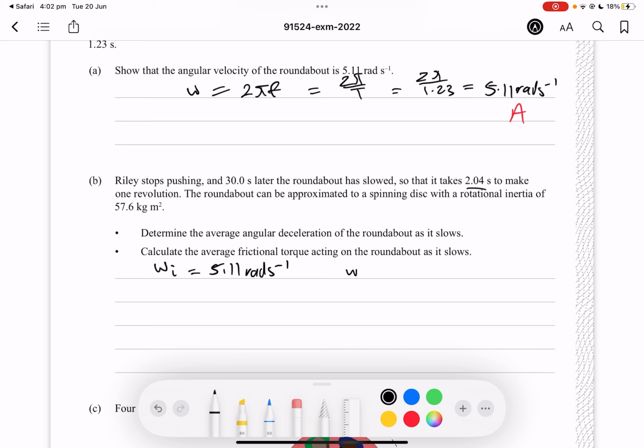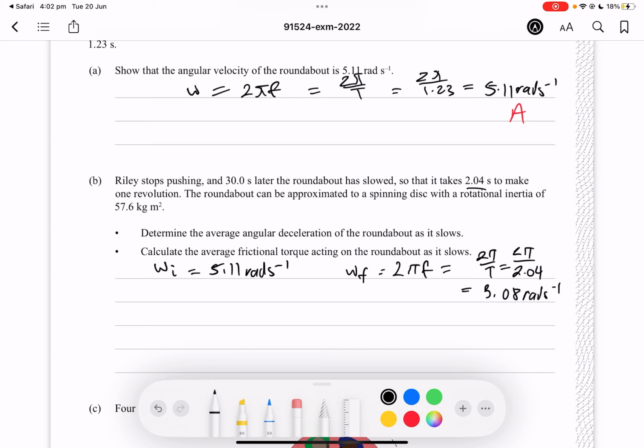So our final angular velocity will be equal to 2 pi f again, which is 2 pi over T, and that's equal to 2 pi over 2.04, which equals about 3.08 radians per second.